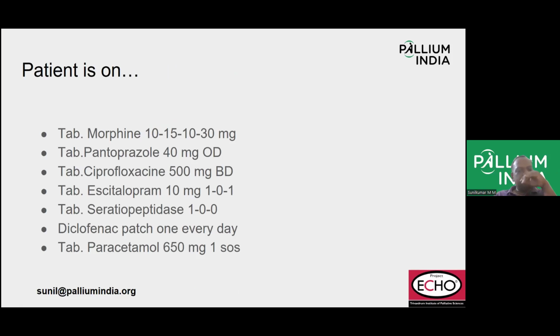Okay. Do you have any concerns with any of the present medications when you start this patient on methadone? Can any of these medications interact with the methadone? Cytochrome P enzyme inducer like the ciprofloxacin.